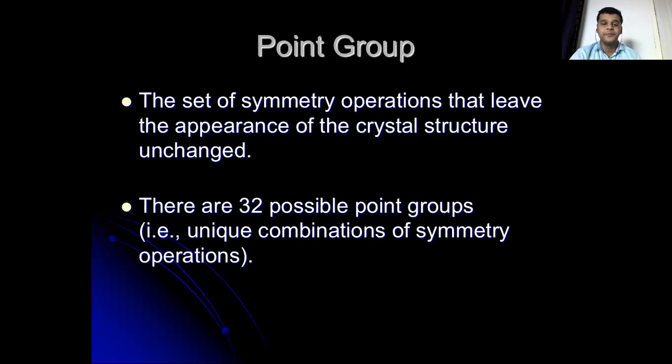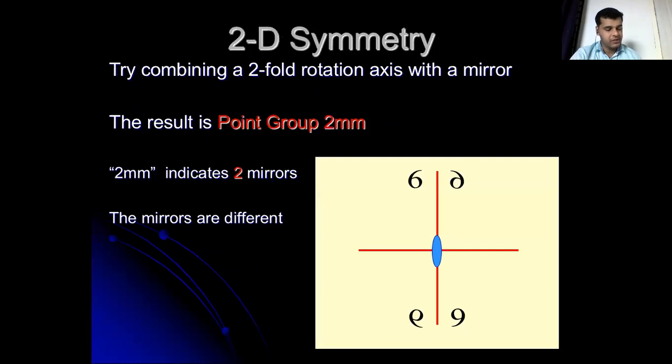There are 32 possible point groups, so we need combinations of symmetry elements. These combinations are found to be interlinked with one another. A crystal is a bunch of point groups, symmetry elements and space lattice, and all of these connect to one another.